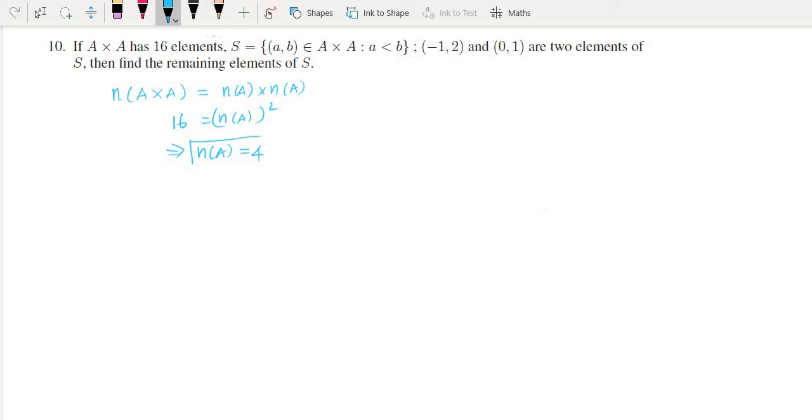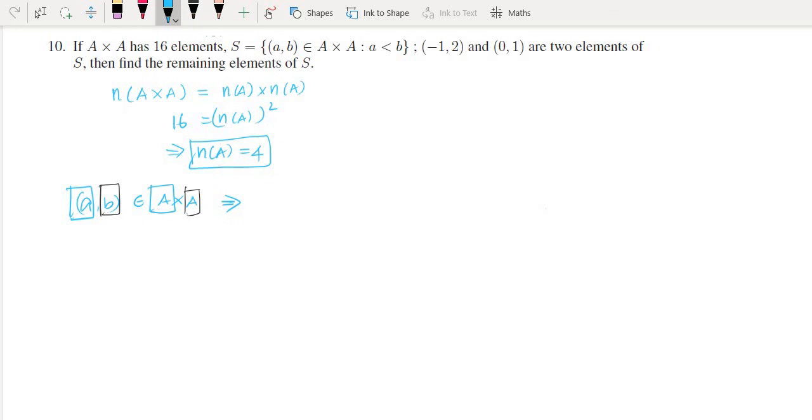So A has 4 elements, and (a, b) belongs to A cross A will imply the first element of our Cartesian product is from the first set and the second element is from our second set.